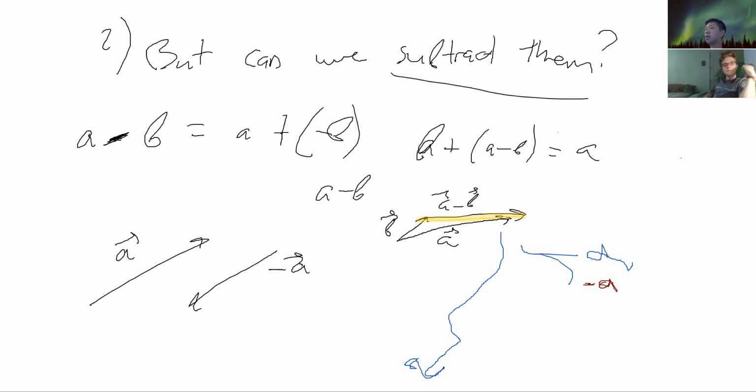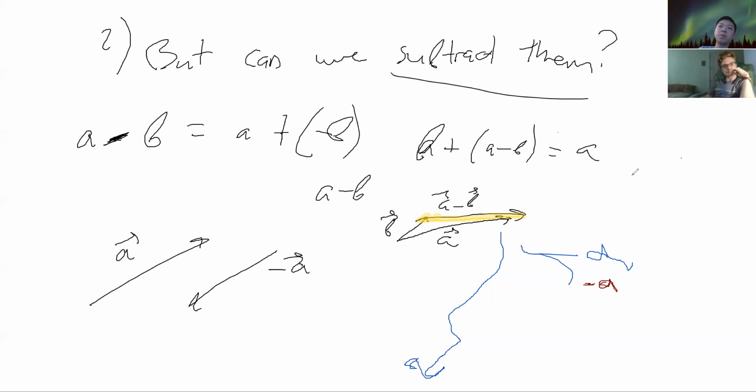I mean, you would start at the end of A and then you would go in the opposite direction of what B originally was. Well, you see here how we started at B? Yeah. So if you amend your statement and we say we go from the head of the other vector to the head of the first vector, then yes, there's your interpretation for subtraction. Does that kind of make sense?